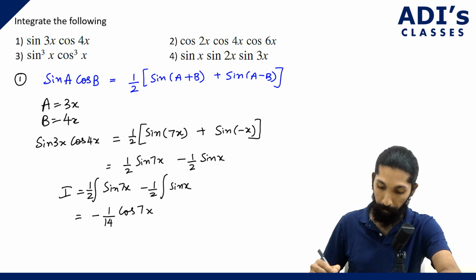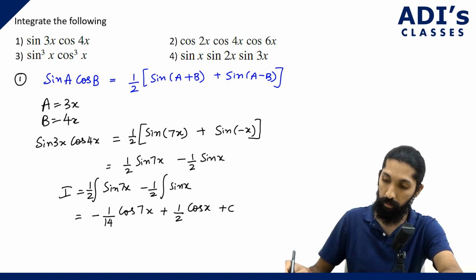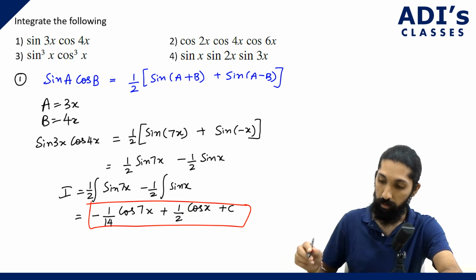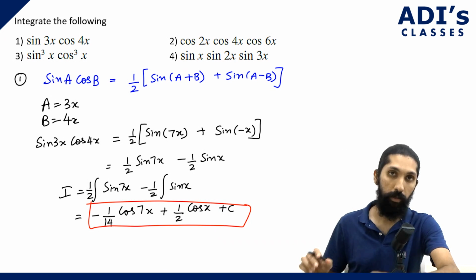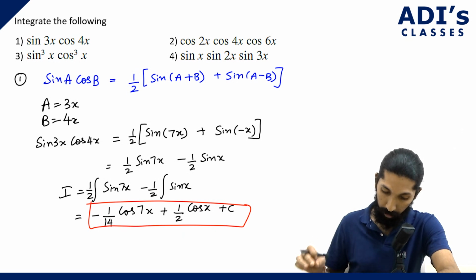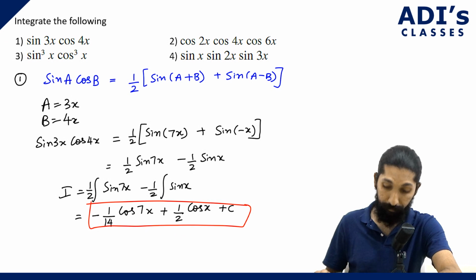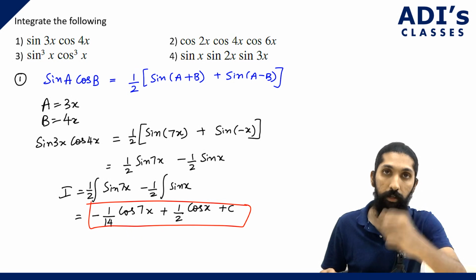So, plus 1 by 2 cos x plus c. So, this is going to be the final answer. Understood? If you differentiate this, you will get that particular answer. Fine.